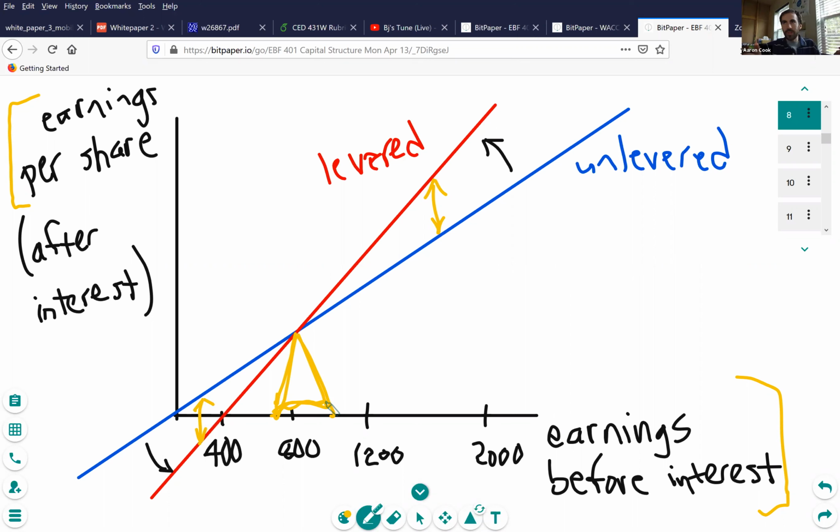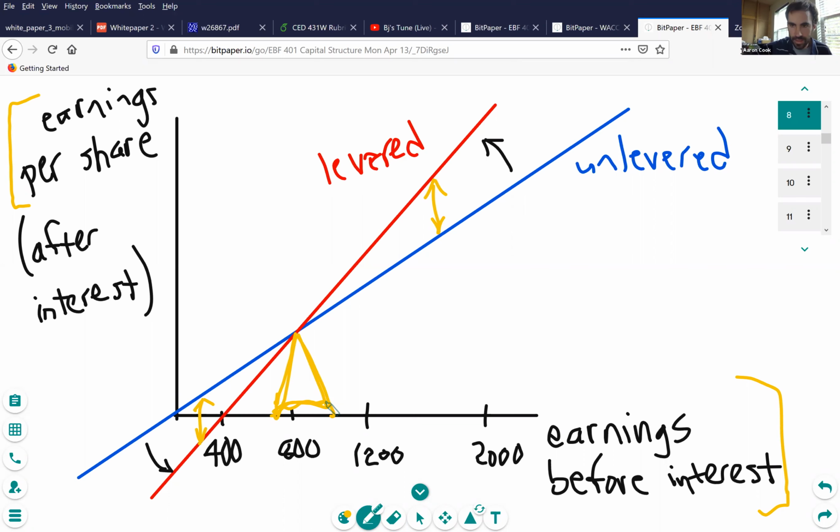Nothing changes about your actual business practices or the capacity of your assets to generate products that people want to buy. Nothing changes about those underlying factors. You just sort of rotate that curve, increasing your potential for high payoffs, but also increasing your potential for losses and particularly low payoffs.